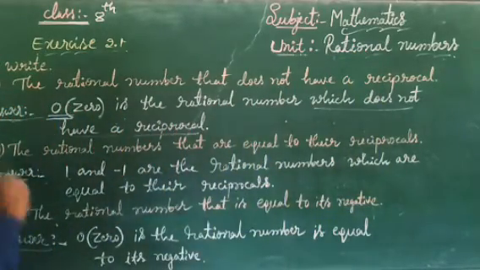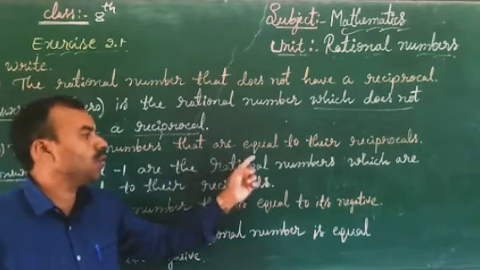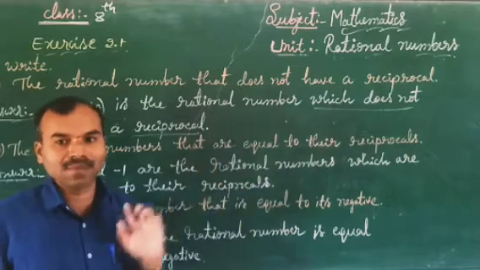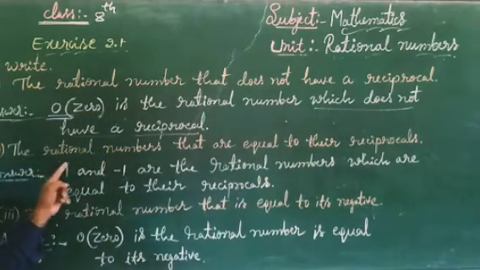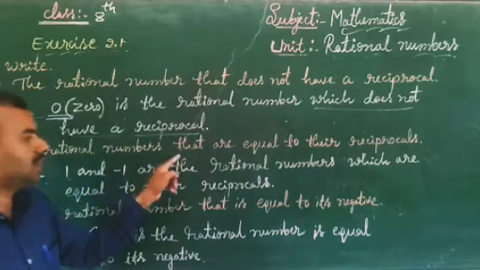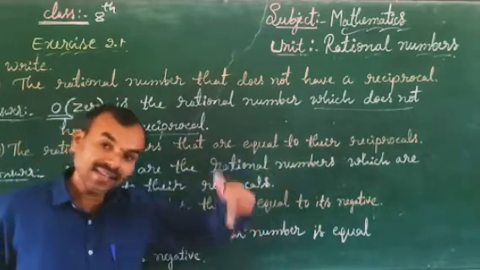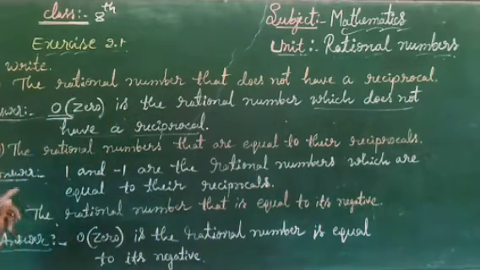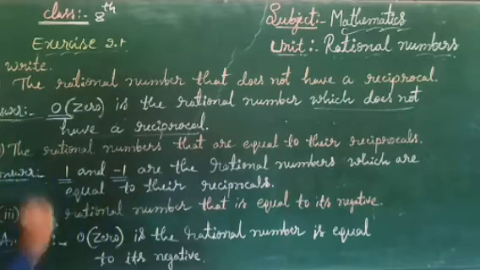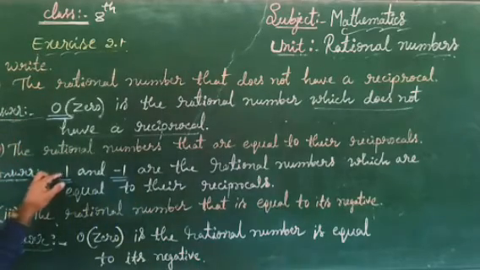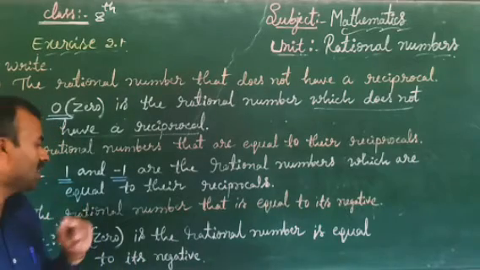Next, second one, the rational numbers that are equal to their reciprocals. The answer is 1 and minus 1. 1, its reciprocal is 1 by 1, nothing but 1.